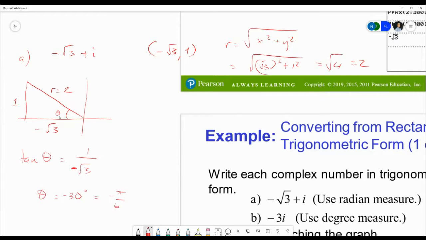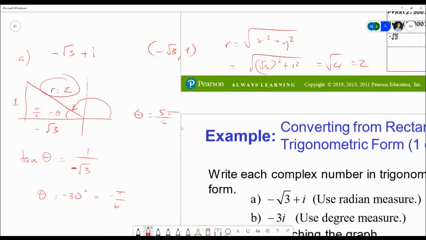But theta is in the second quadrant, so we need to find out the value of this. If I know that the reference angle is pi over 6, we try to get this to the first quadrant using the reference angle. So if that's pi over 6, then our theta is going to be 5 pi over 6.